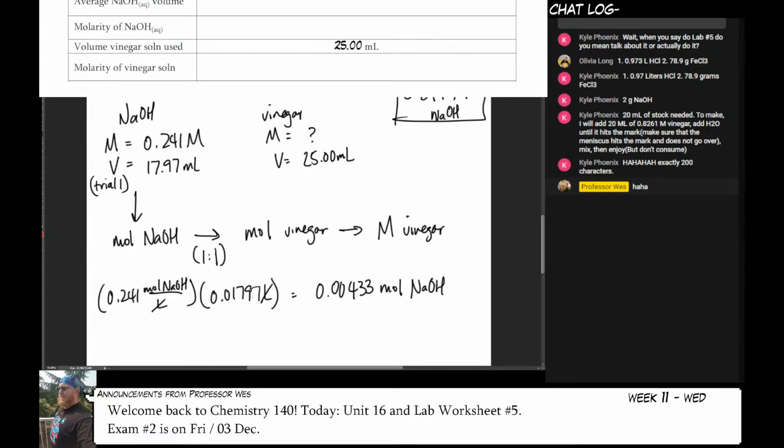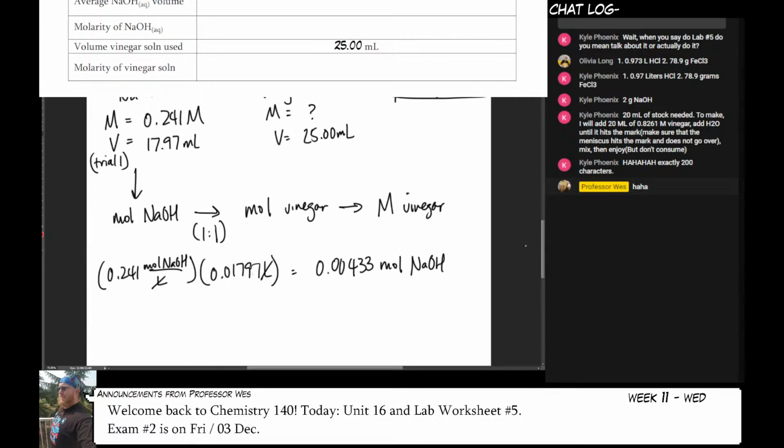So that's how many moles of sodium hydroxide are in there. And then I told you the ratio was 1:1, so when you do this calculation, you just have that. So you get the same number out.